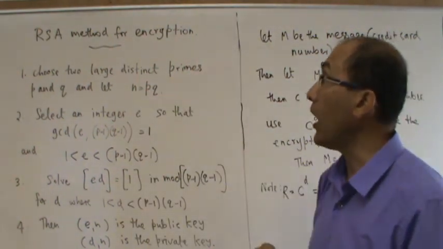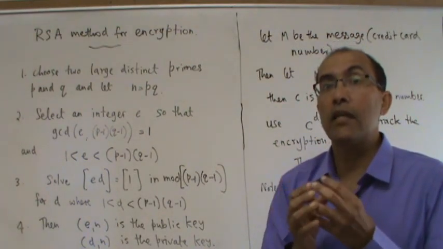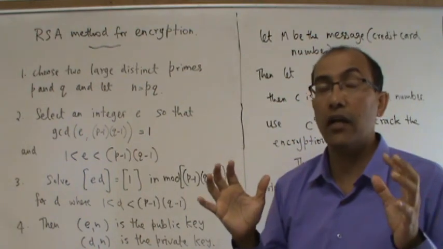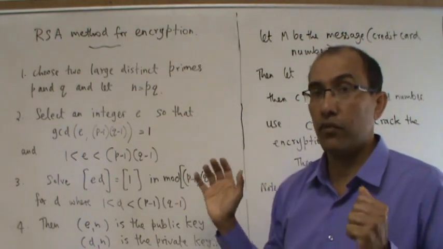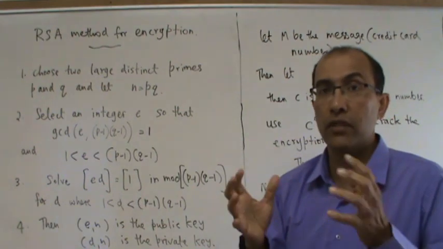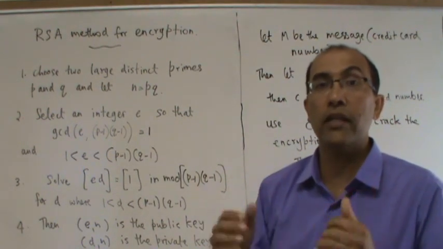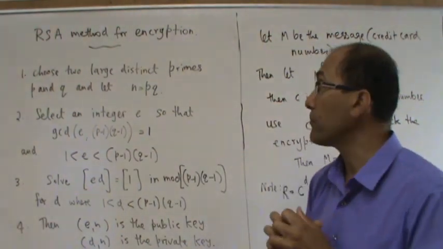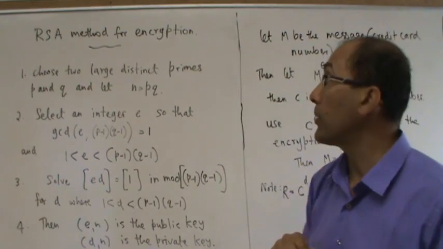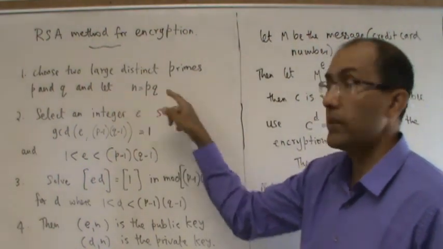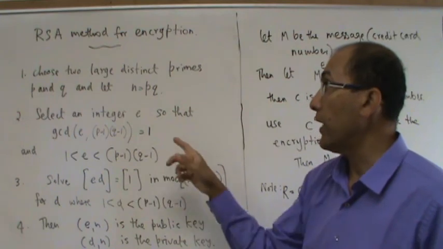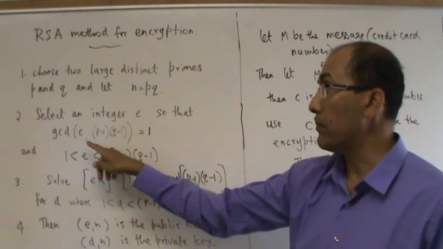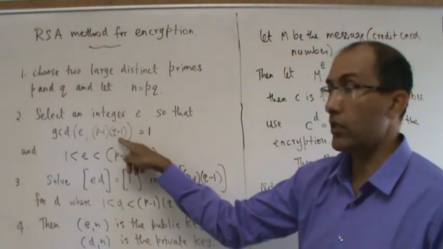If we take two large distinct primes, and in these examples we are looking at really big prime numbers, and unfortunately it's not possible for you to do it manually. You will need a calculator or computer, because we are talking about really big numbers. So anyway, if you find two large prime numbers p and q, we take n to be the product of these two prime numbers, and now we need to find an integer e that will be co-prime with (p minus 1)(q minus 1).